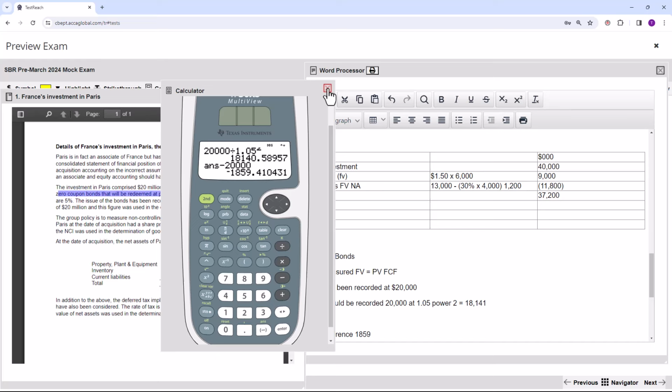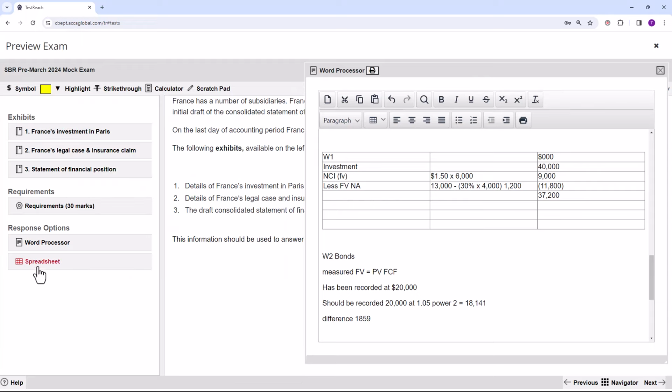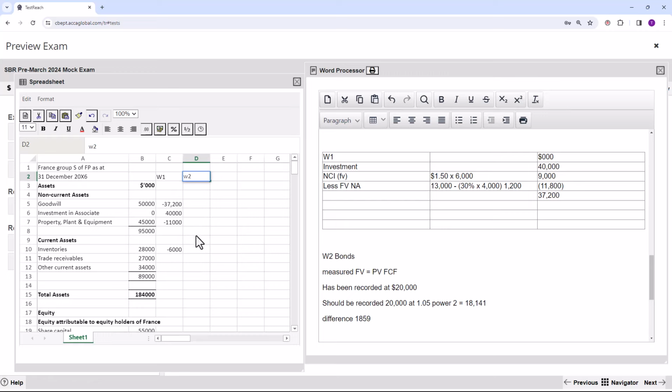Okay, so if I'm being aggressive, I've got an adjustment to make. I've left an audit trail here. I've got an adjustment to make in my response area here, because the investment in the associate should have been recorded at the fair value of the consideration that you gave. Yeah, so it should have been recorded at 18,141.